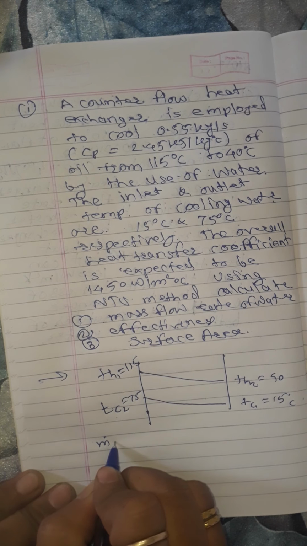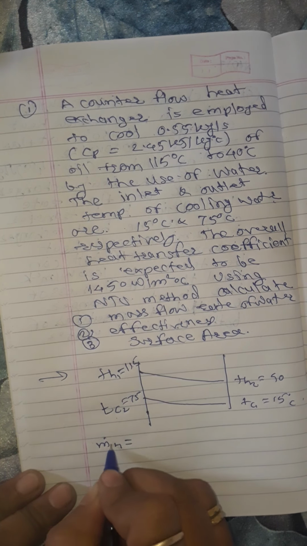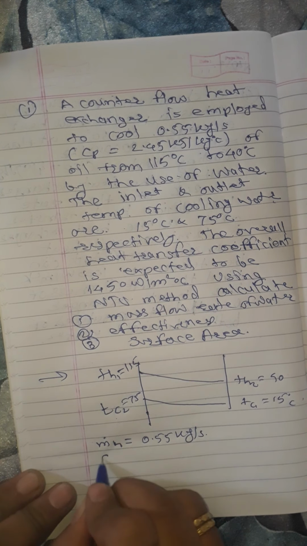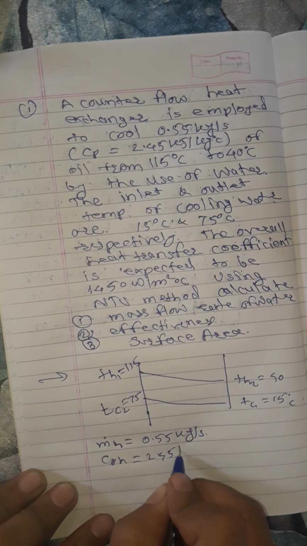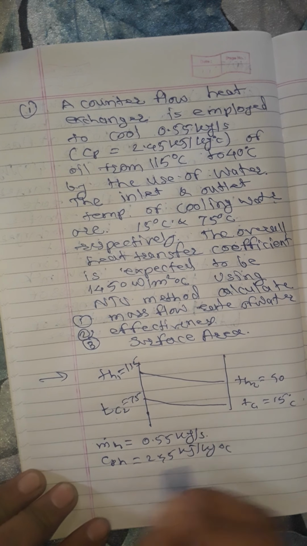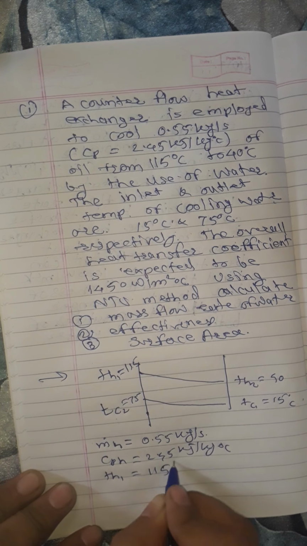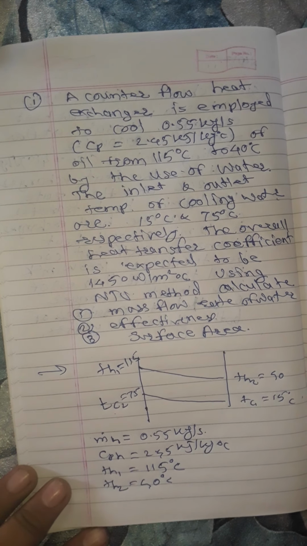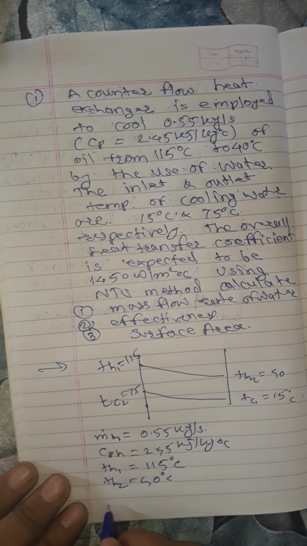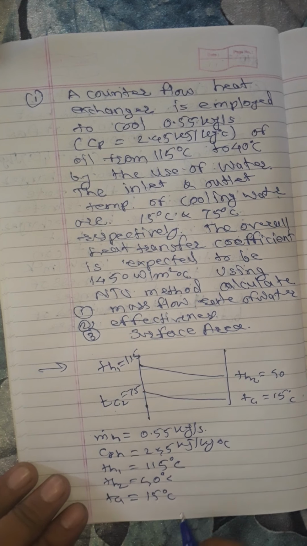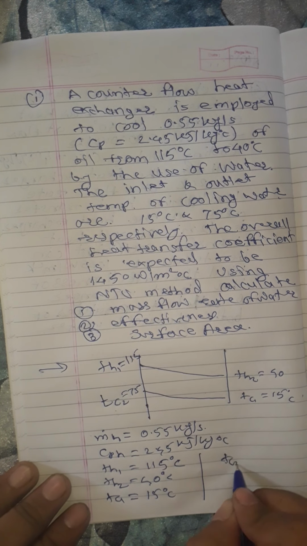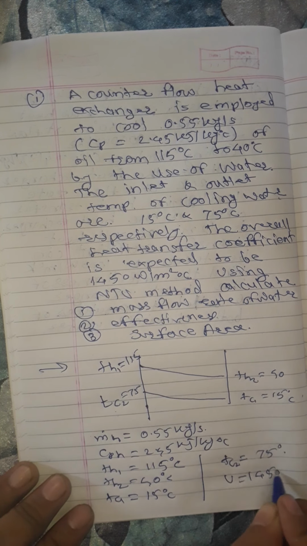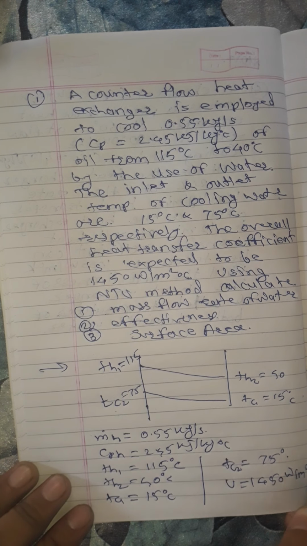M dot H, oil is the hot fluid here, M dot H is 0.55 kg per second, Cph is 2.45 kilojoule per kg degree Celsius, Th1 is 115 hot fluid entrance temperature, Th2 is 40 degree Celsius, Tc1 is 15 degree Celsius of water, Tc2 is 75 degree Celsius and U is 1450, it is the expected value.